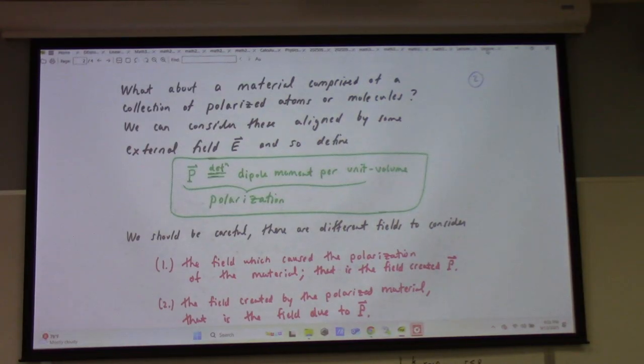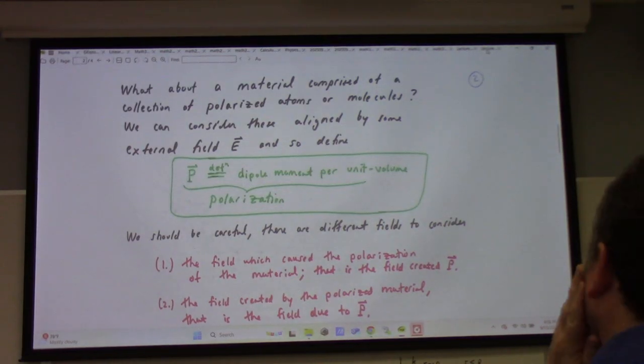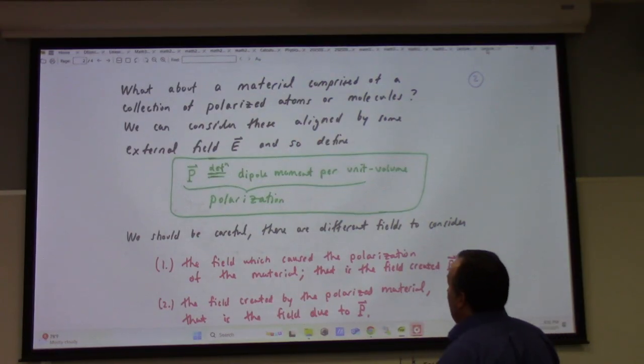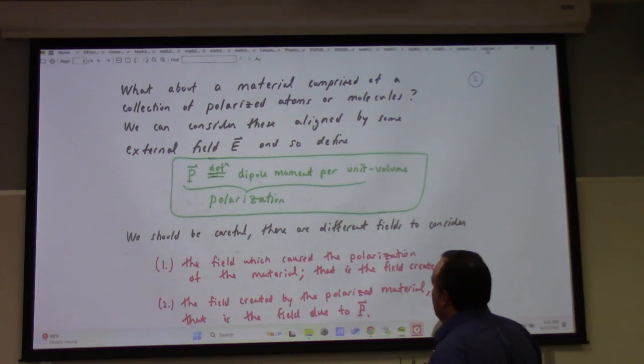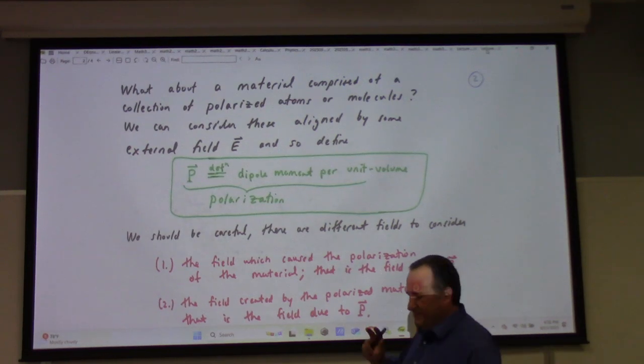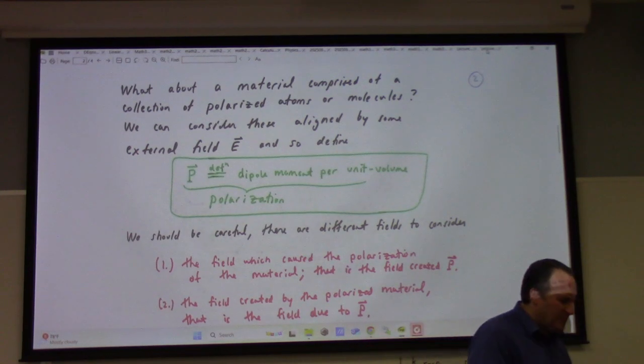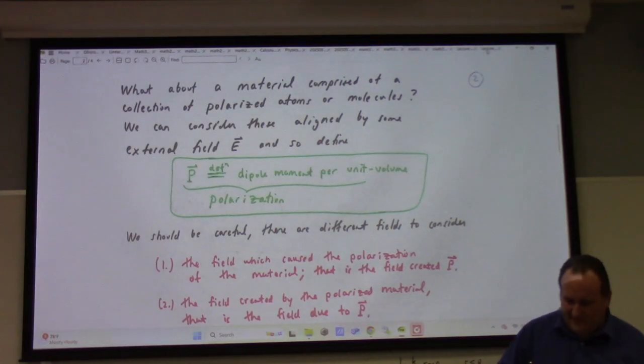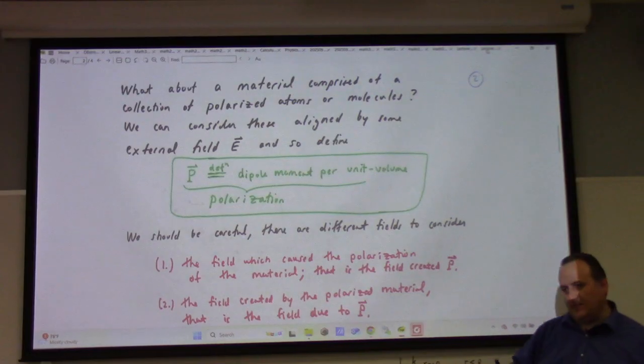All right, so we introduced the polarization, and that is defined to be the dipole moment per unit volume. Now, this assumes that there is a regular direction to the dipoles, right?